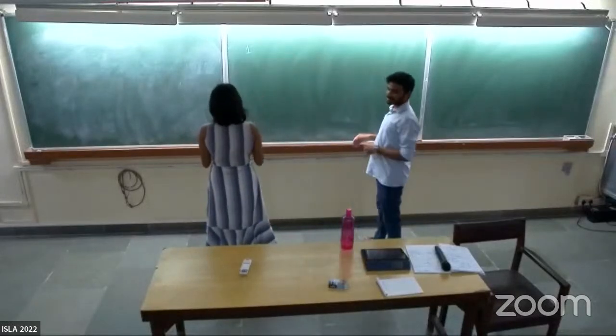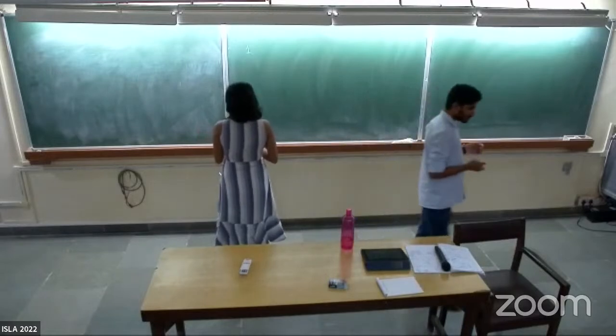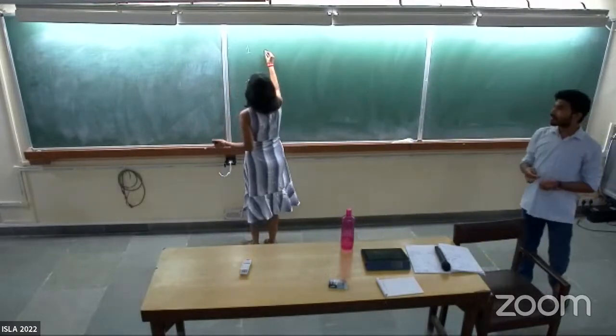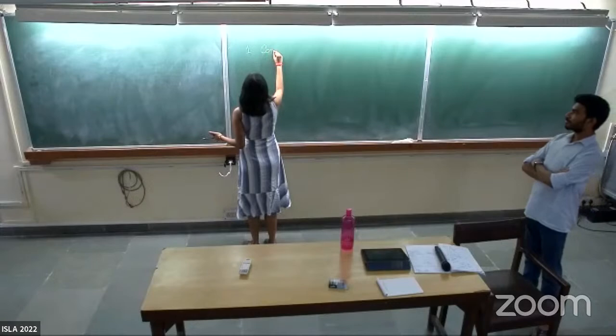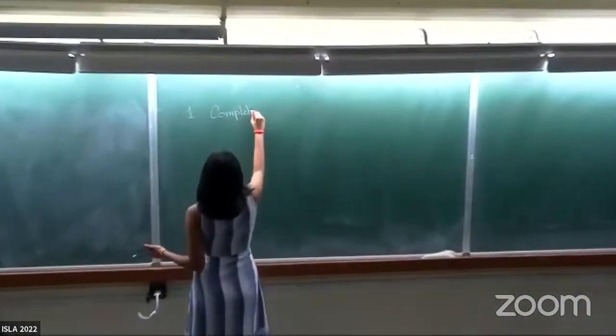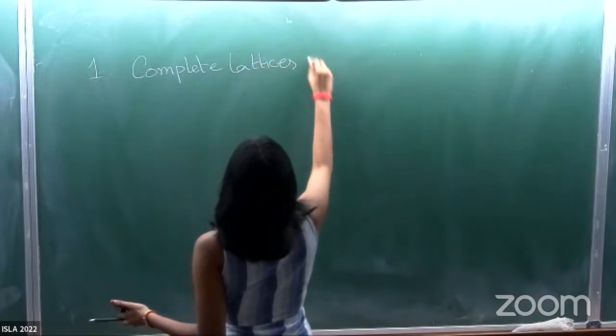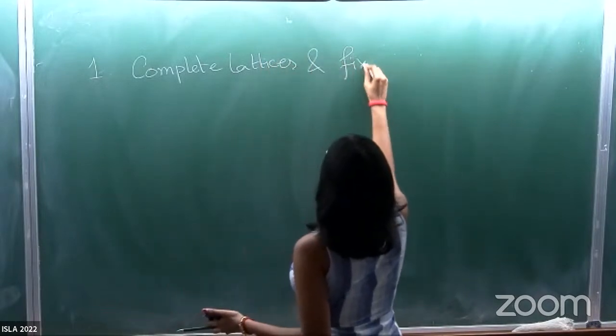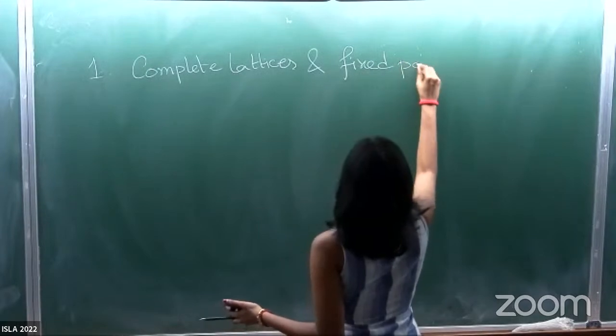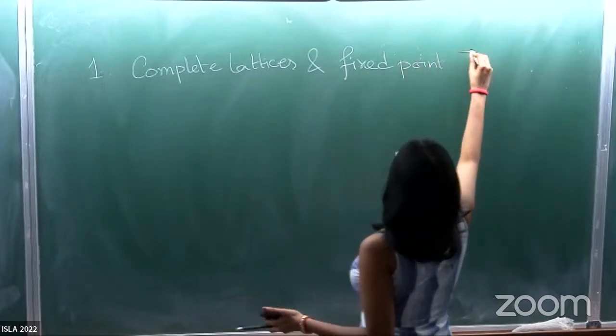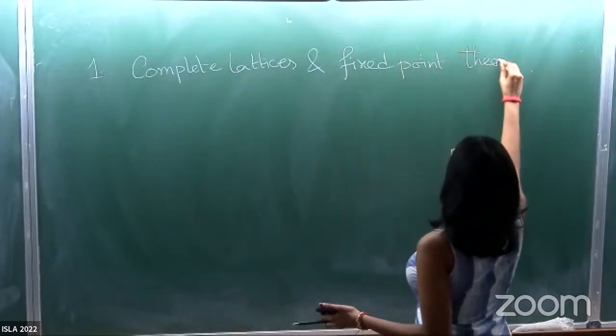What I had was complete lattices and fixed point theorems. I have just covered some things on complete lattices. There is a very nice fixed point theorem, termed the Knaster-Tarski fixed point theorem, on monotone maps.